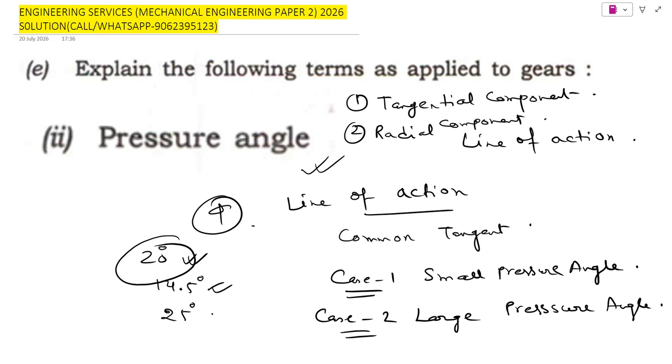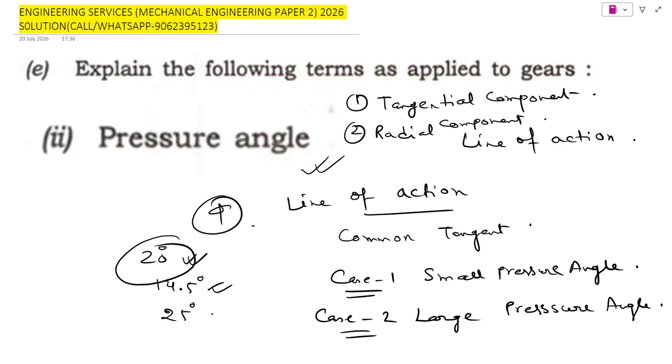This pushes the gears apart and creates a load on bearings. Now observe carefully, as the pressure angle increases, the radial component increases while the tangential component becomes relatively smaller for the same normal force. So this is why an excessive pressure angle is not desirable. So pressure angle directly affects the gear efficiency and the bearing life. So this is also a very important concept.